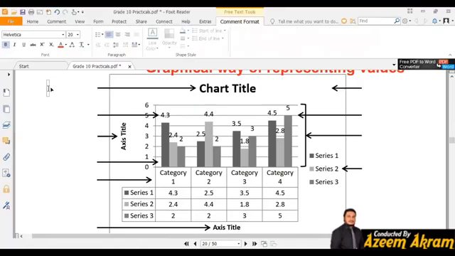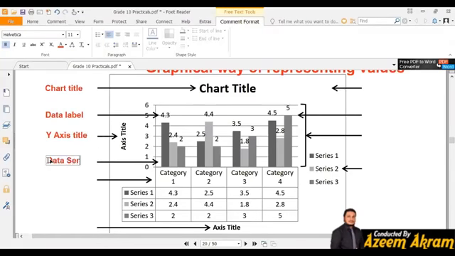So what is this? Chart title. Chart title. Data label. Y-axis title. Axis title. Data series.